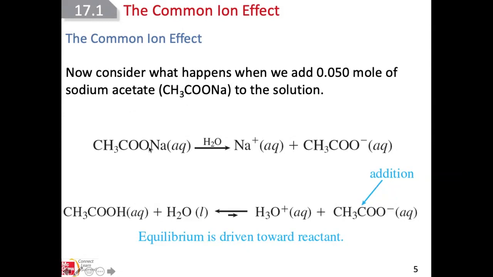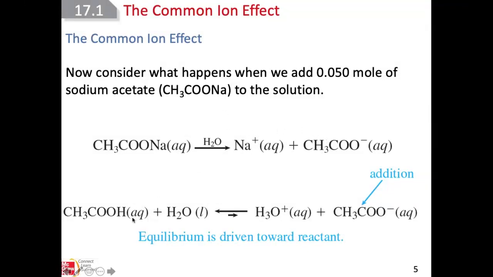They will completely dissociate into ions, a cation, the positive ion Na plus. The rest, CH3COO minus, will be the anion. So that will perfectly 100% dissociate. So this salt in the water exists as those two ions.